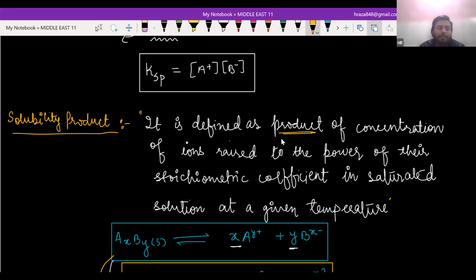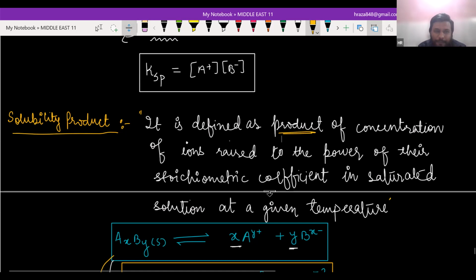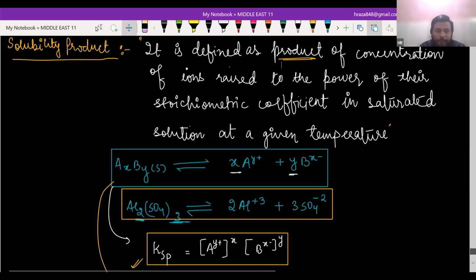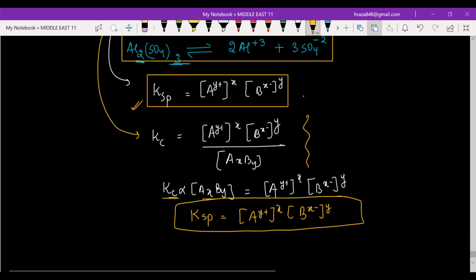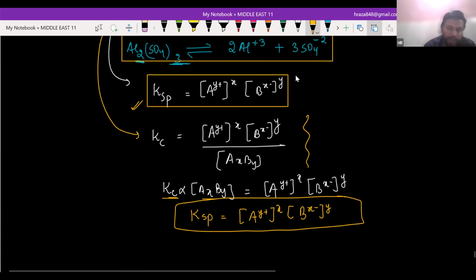This product means multiplying the concentration of ions raised to the power of their stoichiometric coefficient. Just write it and let me know if you are done.